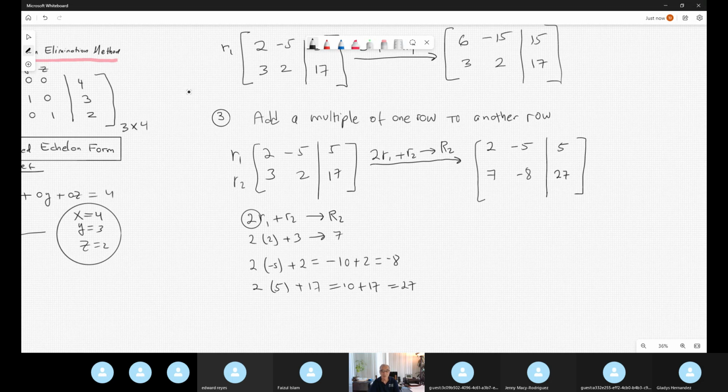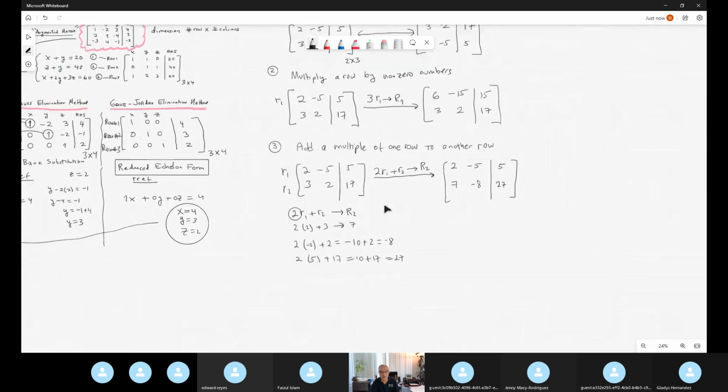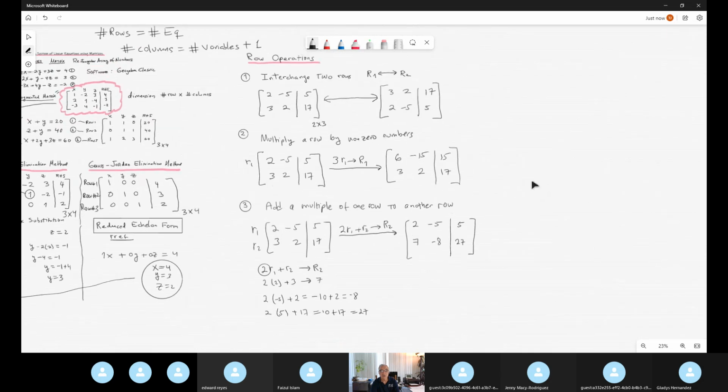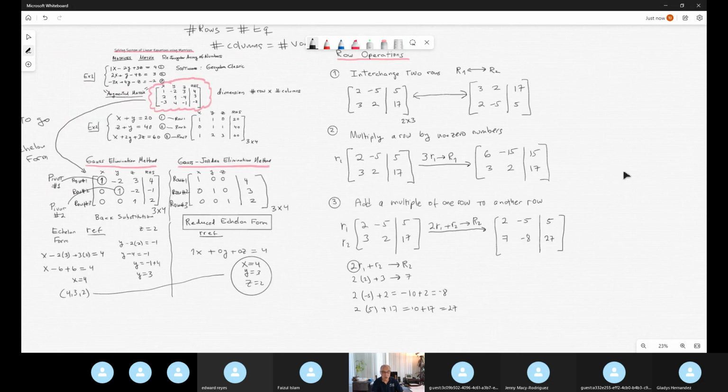The important thing is that little by little, using these elementary operations, interchanging two rows, multiplying by one number, or the most powerful, multiplying by one factor and adding, you try to reach the Gauss elimination method or the Gauss-Jordan elimination method.